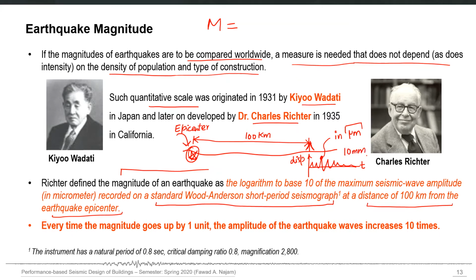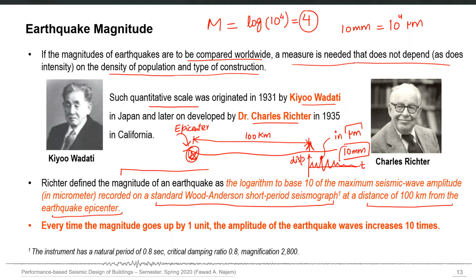Let's convert that 10 millimeters into micrometers. So 10 millimeters will be 10 raised to power 4 micrometers. If we take the log base 10 of 10 raised to power 4, you will get 4. So this 4 is the magnitude of this earthquake. So that's how the magnitude of the earthquake was defined.